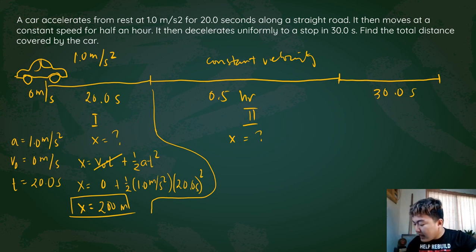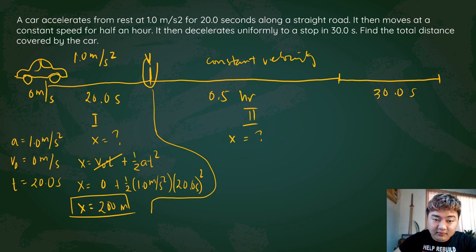How do we know the velocity? We need to identify the velocity at this point, at the end of stage 1. We can use the values in stage 1.